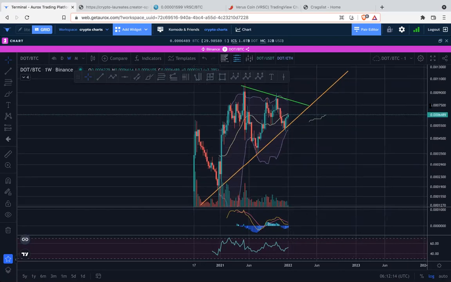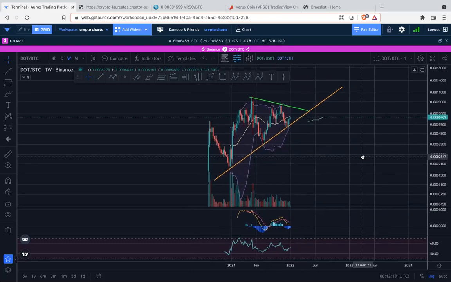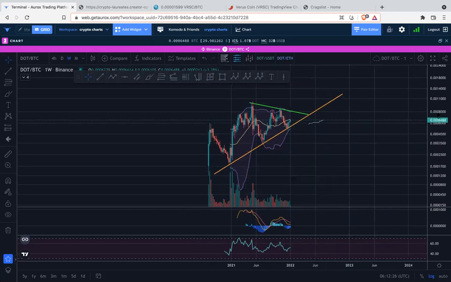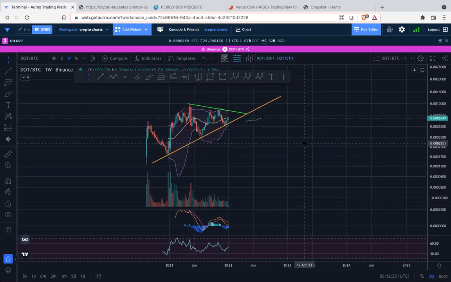If that's the case, then it's a bit more concerning. But even then, let's say it gets resisted here, comes back a little bit, retracement, whatever, and then goes. That's fine, of course. So that's the possibility. I see DOT looking pretty good. So stick around for more DOT going through 2022. All right, that's it for DOT for now.